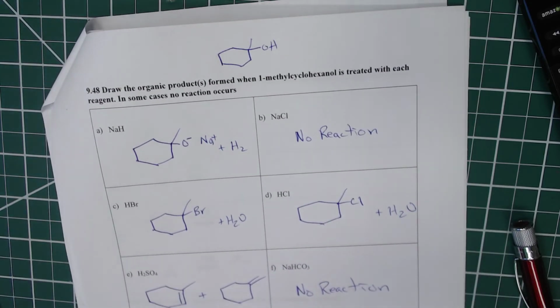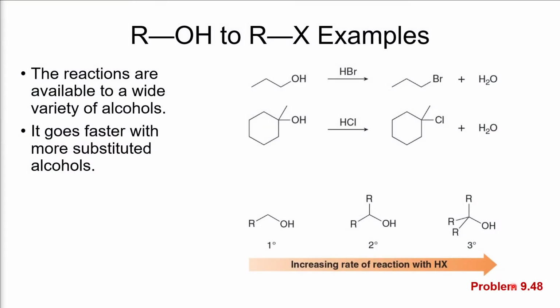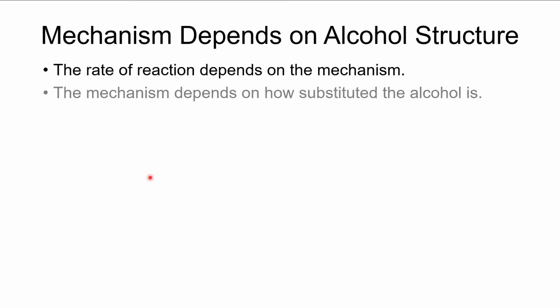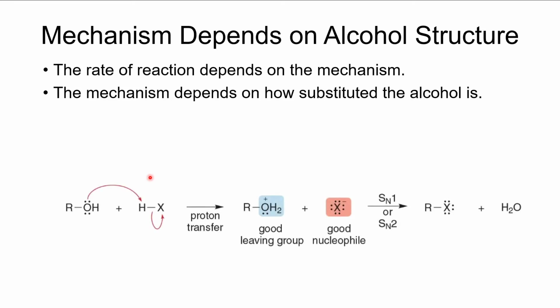So let's go back. We'll find that our mechanism will depend on the structure of the alcohol. We'll also find that the rate depends on the mechanism, and the mechanism depends on how substituted the alcohol is.